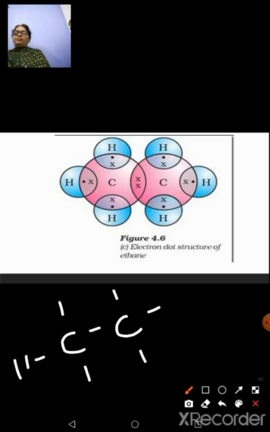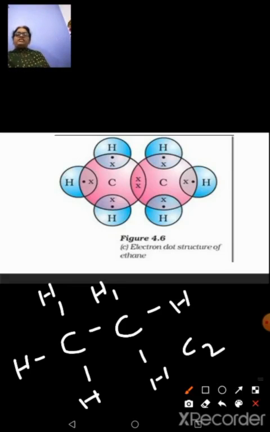So now every hand is connected with 1 hydrogen. So I'll write the formula as C2H6. So this is the structural representation. Everywhere a single bond is formed, 1 electron is shared. So this ethane is also a saturated hydrocarbon.